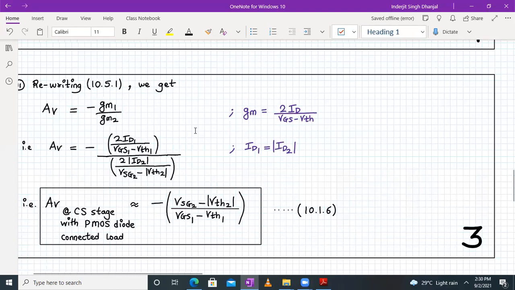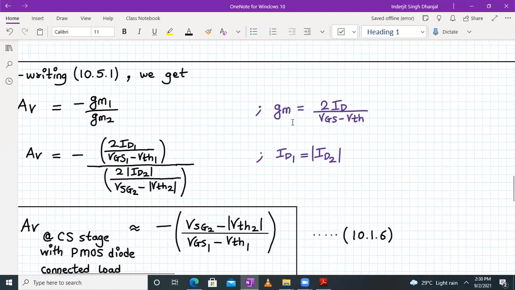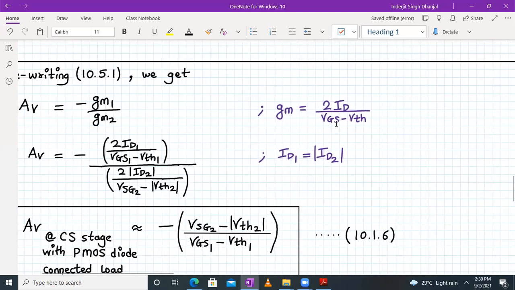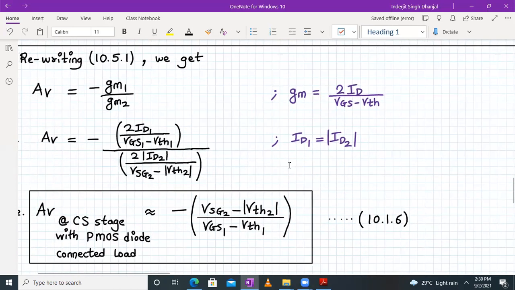Okay. We can rewrite the expression of 10.5.1, that is AV is equal to minus GM1 upon GM2, as GM can be alternatively written as twice ID divided by VGS minus VTH, right? And also ID1 is equal to mod of ID2. That we know.